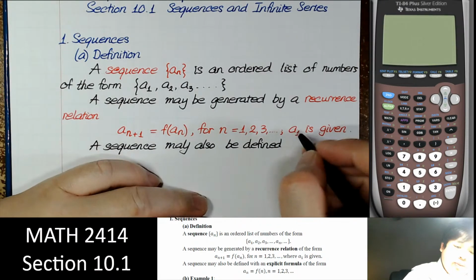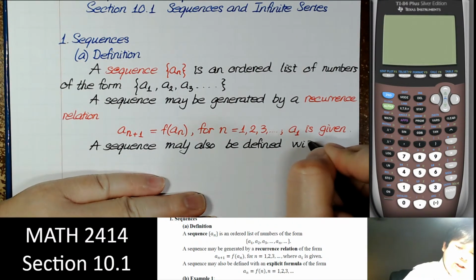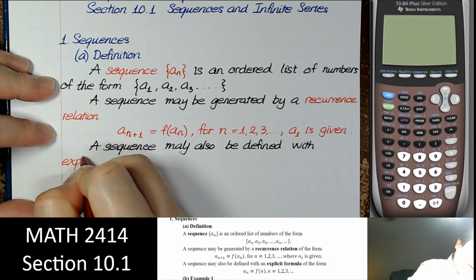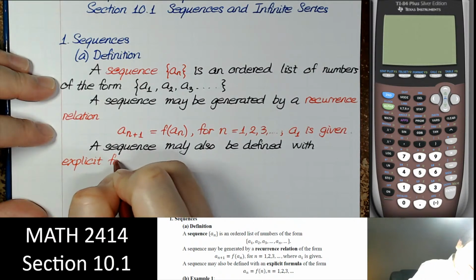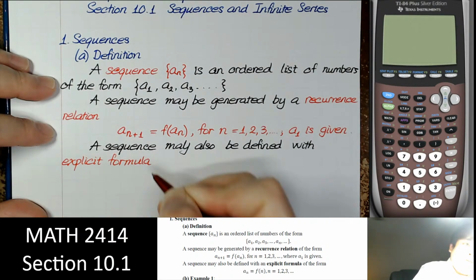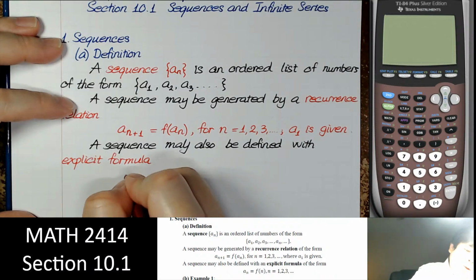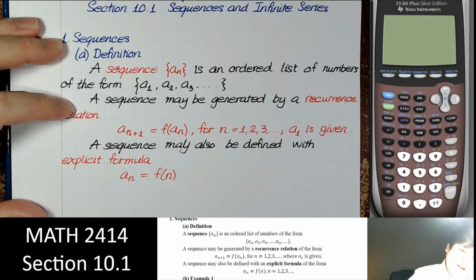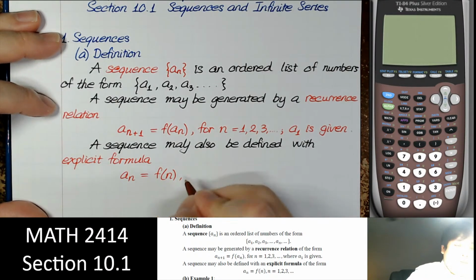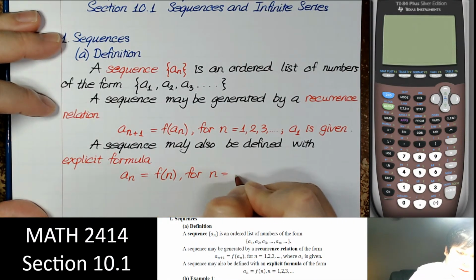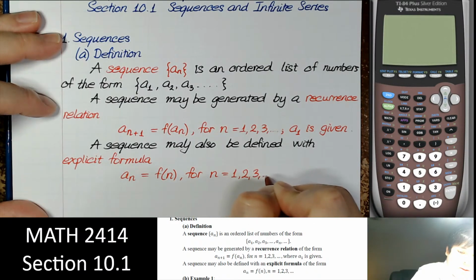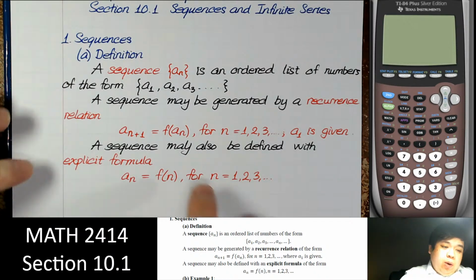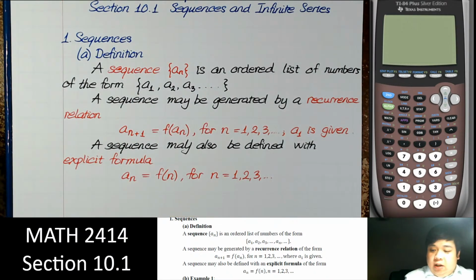We can also define it with an explicit formula, in which case we say this term is a function of n. So there's nothing new here. By the way, each a_n is called a term.